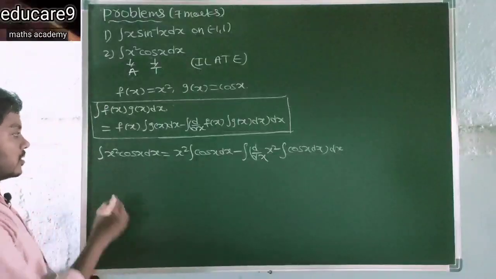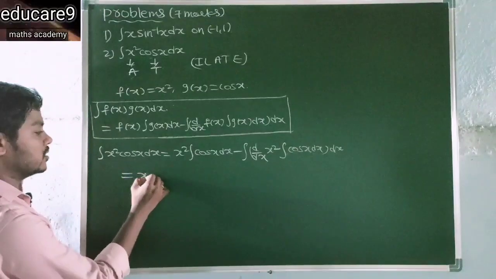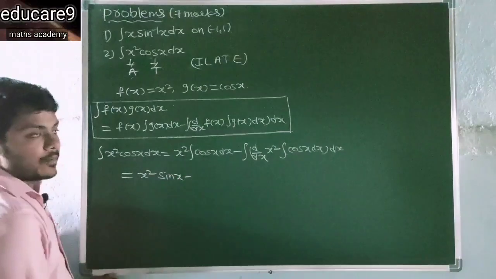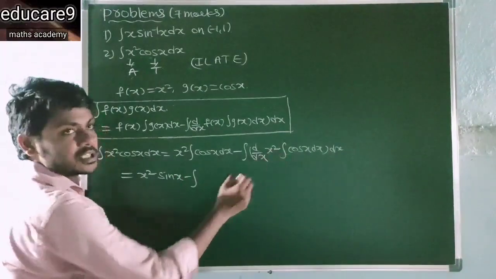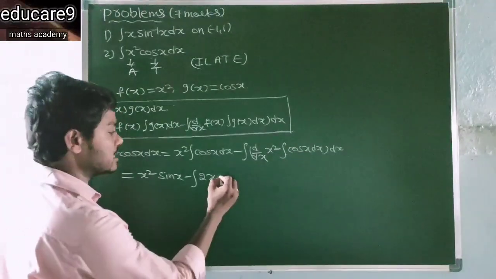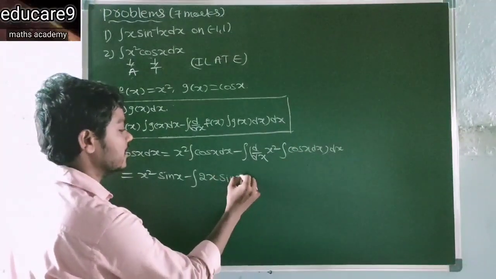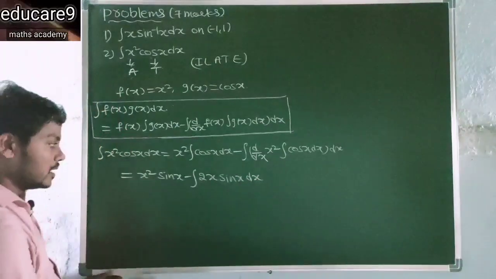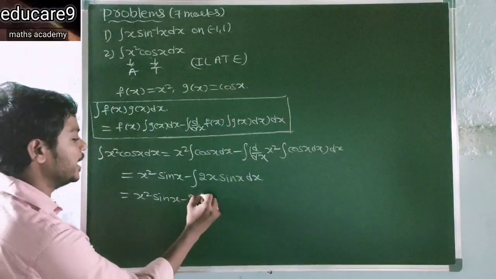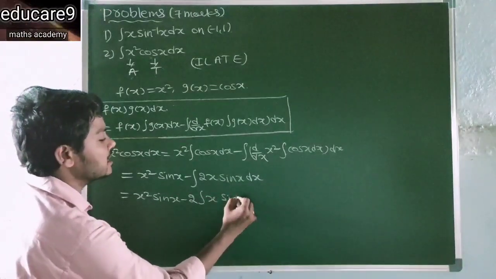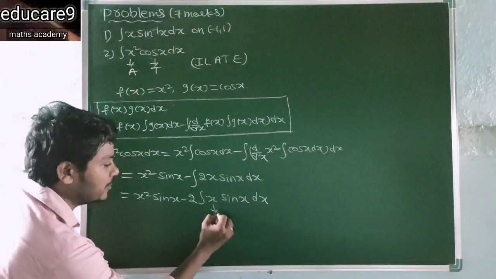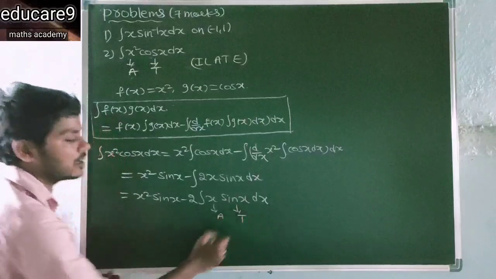Okay. Now this is what, x square integration of cos x, that is sin x, minus derivative of x square, that is 2x, integration of cos x, that is sin x dx. Now this is what, x square sin x minus 2 into integration of x sin x dx. So again this is an algebraic term and this is a trigonometric term.